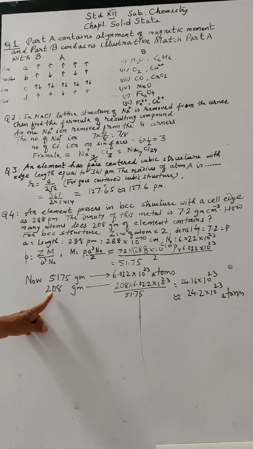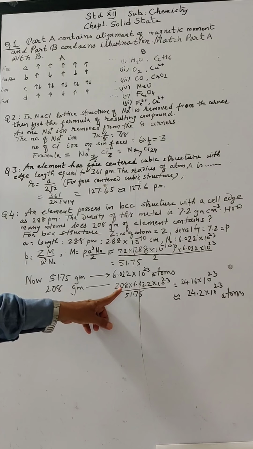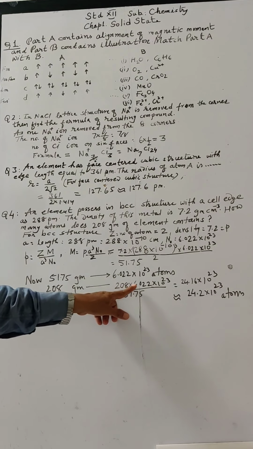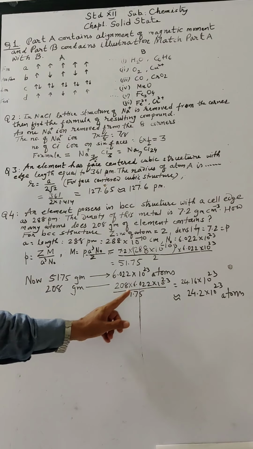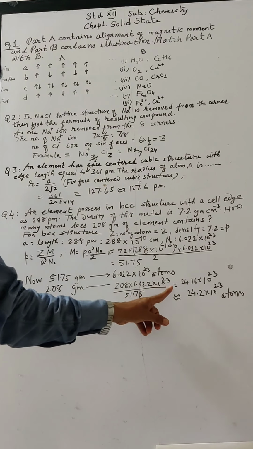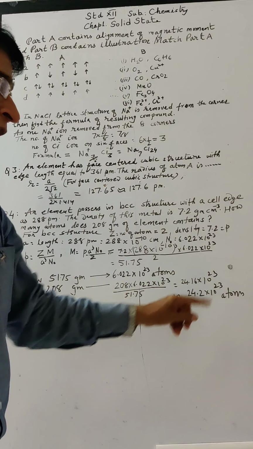So for 208 gram, the number of atoms will be 208 into 6.022 into 10 raised to 23 divided by 51.75, which is equal to 24.16 into 10 raised to 23.